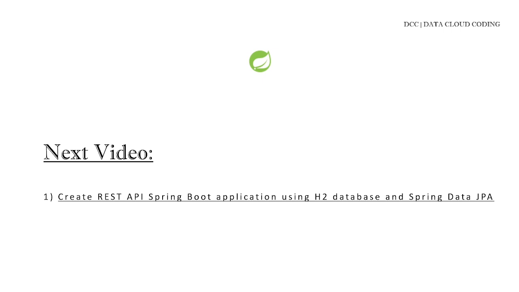And for the database, first we will be using the in-memory database, that is the H2 database, and consequently we will be switching on to MySQL and then MongoDB. Okay, so the next video we will create a REST API Spring Boot application using H2 database and Spring Data JPA.